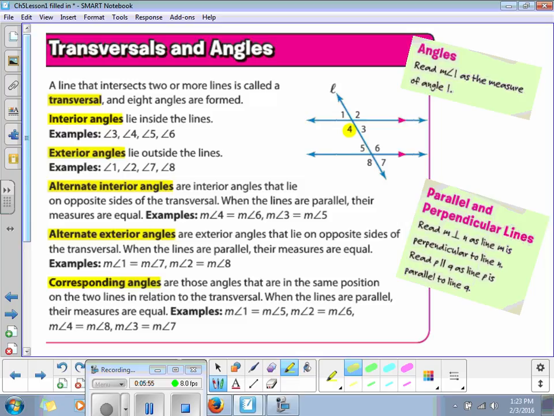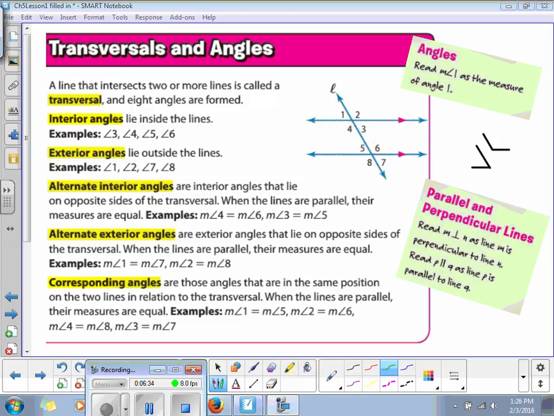Here's the transversal. 3 is on the inside, yeah, but it's not the alternate interior. The alternate interior is going to be that one because they're also congruent. So 4 and 3 are not congruent, right? The one that's congruent would be 6. And if I'm looking at number 3, the alternate interior angle to that one is 5. Got it?